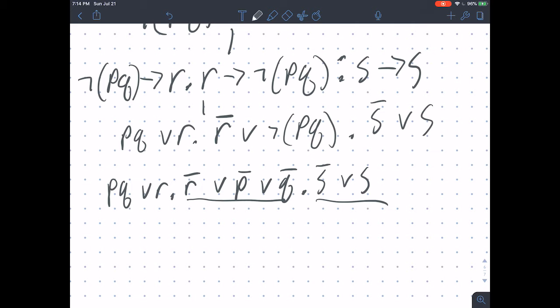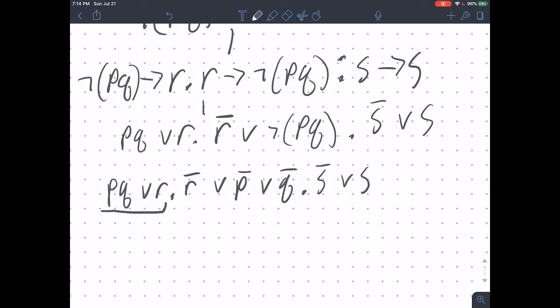They're alternations of single letters or negated single letters. So the only thing we have to worry about here is this clause on the far left, right? And we need to use one of our distributivity rules here.